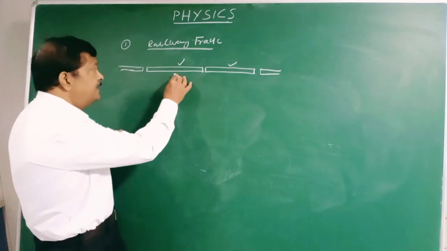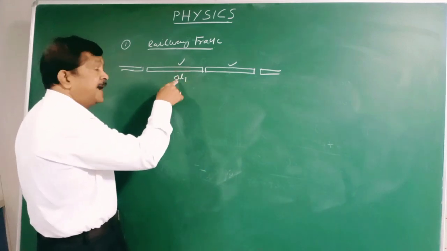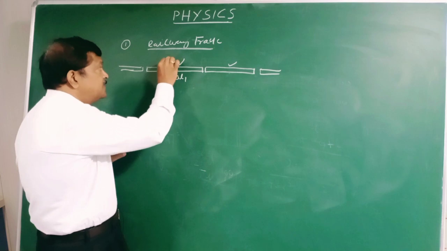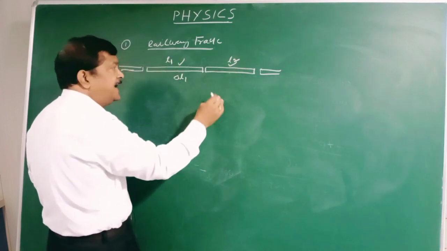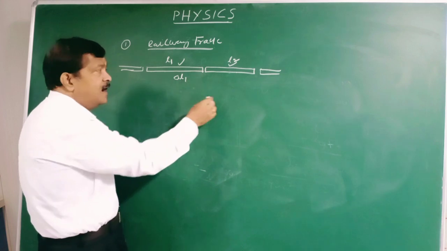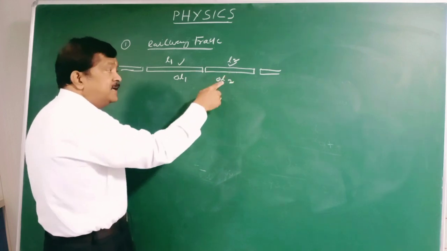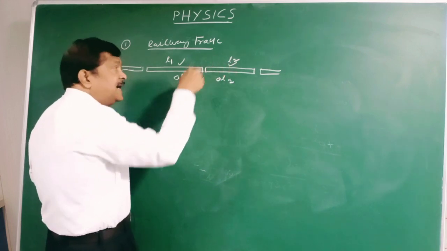Let us say delta L1 is the expansion of this rail, and L1 is the length of this rail, and L2 is the length of the other rail which is meeting here. Let delta L2 be the expansion of the second rail.